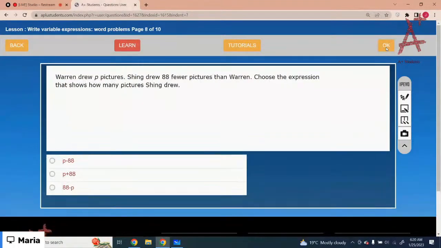Okay, Warren drew P pictures. Shing drew 88 fewer pictures than Warren. Choose the expression that shows how many pictures Shing drew. Which is the correct option?